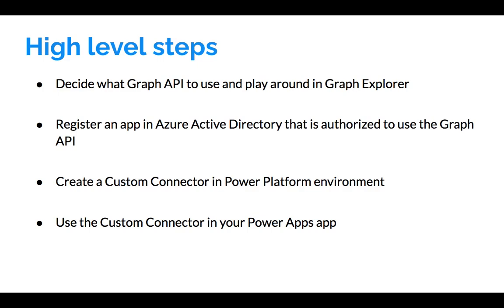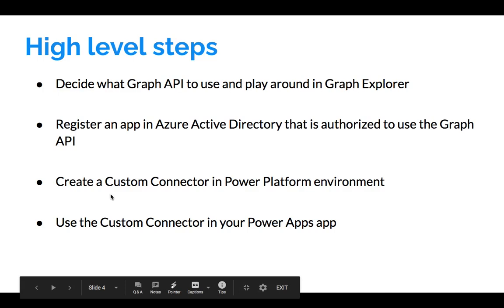As the third high level step, you'll create a custom connector where you will use the app that you registered in the prior step in Azure Active Directory. Okay, so that's how you create the connector. We'll go through the details of how to do that. And the last step is you're pretty much done.